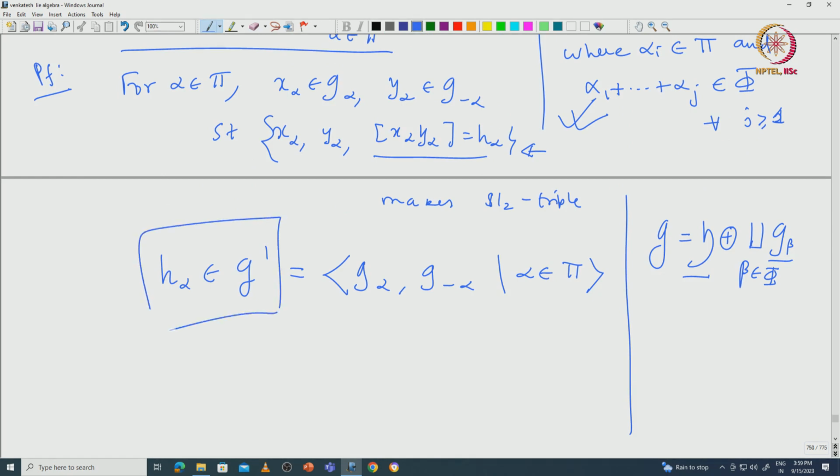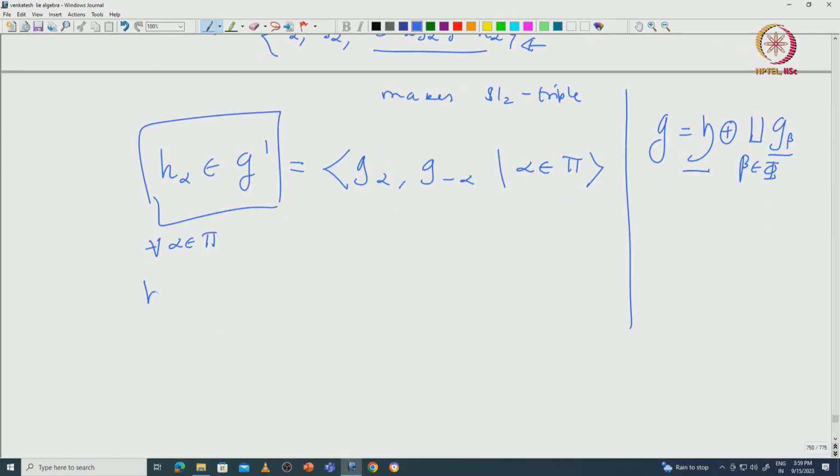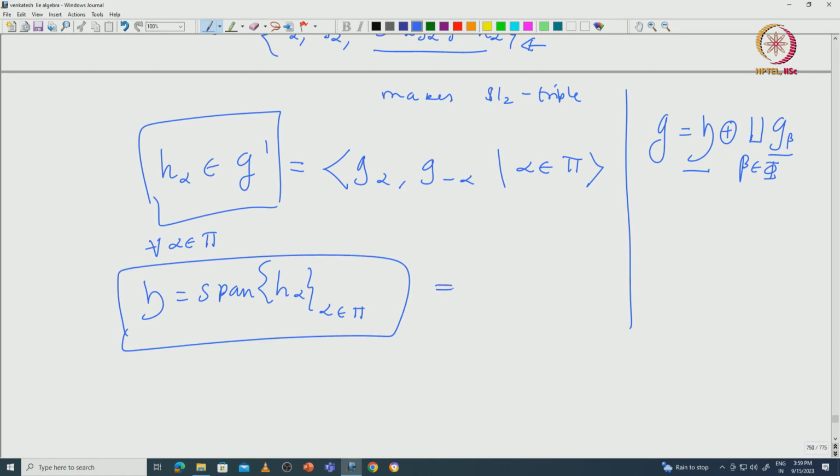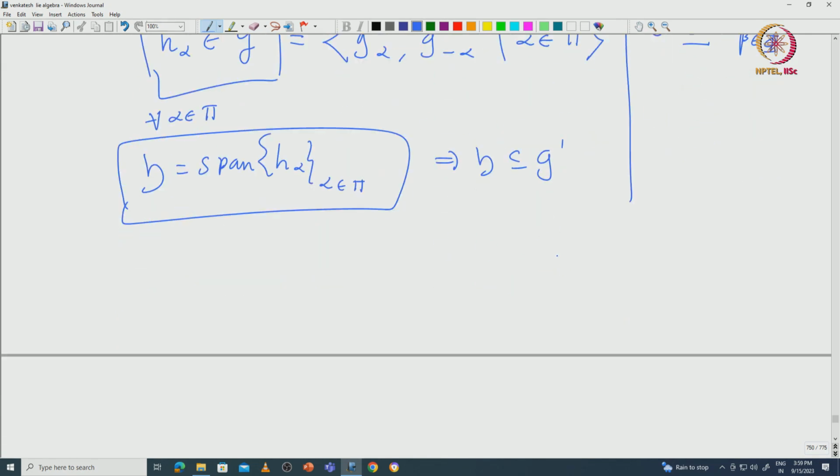So, H alpha is inside G dash. And this is true for all alpha in pi, but we already know that the span of H alpha, where alpha is coming from pi, is exactly equal to H. So, that means H is a subalgebra of G dash. Okay. So, that is immediate. So, now what we do, we take some root space and then show that that root space is actually contained in G dash.